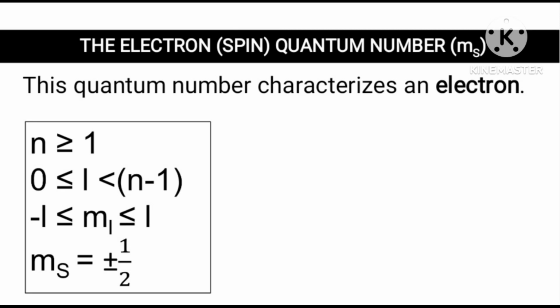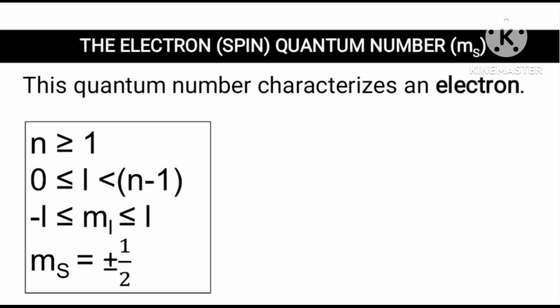So let's now continue. We have figured out 3 quantum numbers: principal, angular, and magnetic quantum numbers. And now let's talk about the spin quantum number, the electron quantum number. This quantum number characterizes an electron.